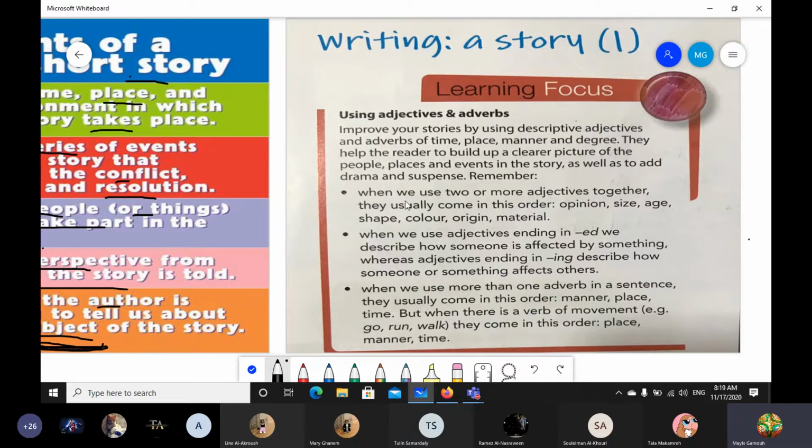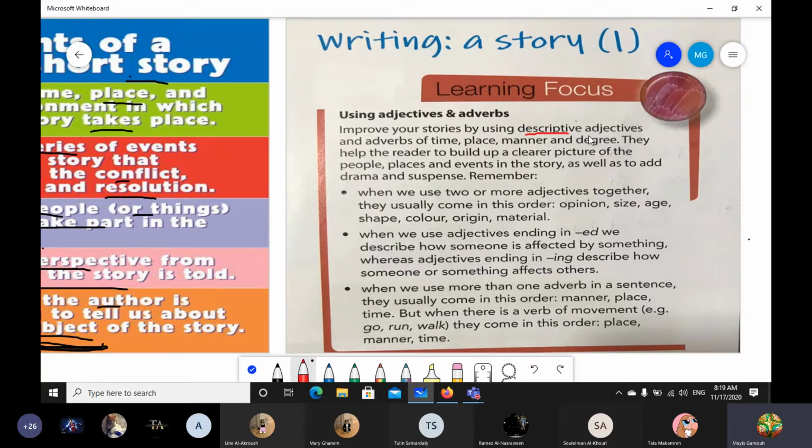We have to describe the nouns or the verbs that we are talking about, in order to clarify, in order to make our writing more fun, more interesting, more informative, to give us more information regarding the problem, the things we are talking about.